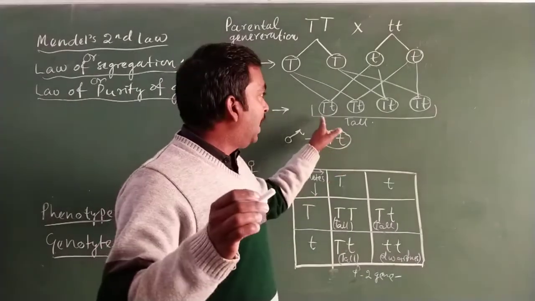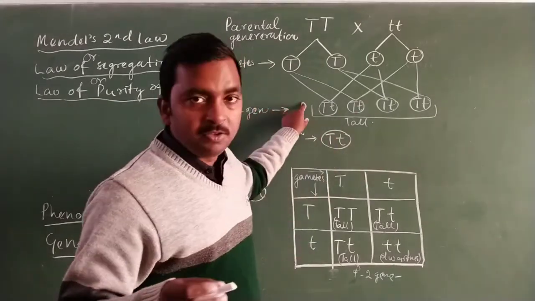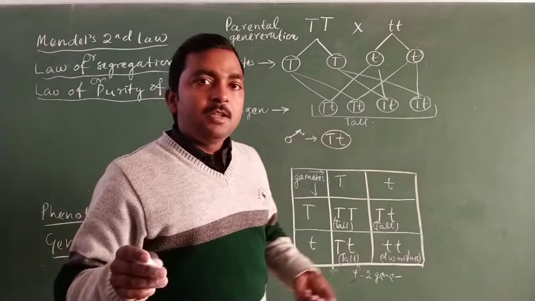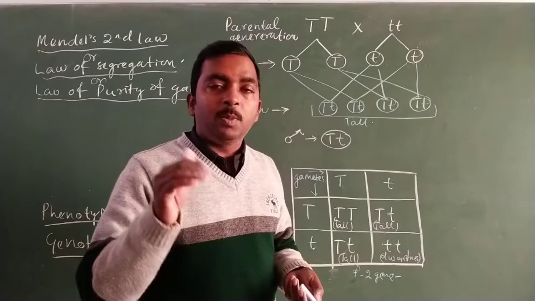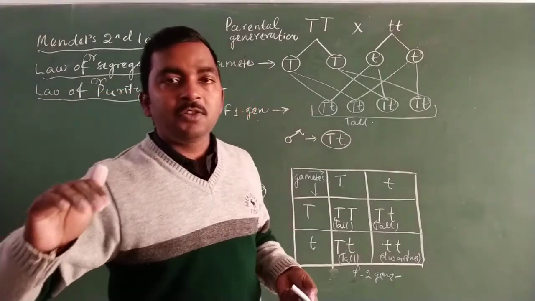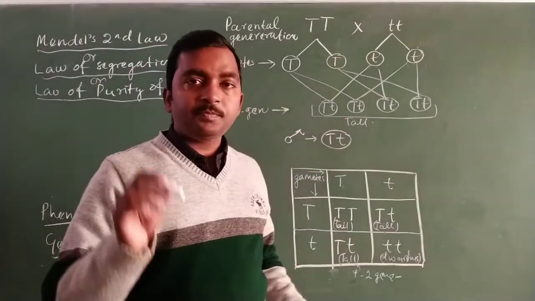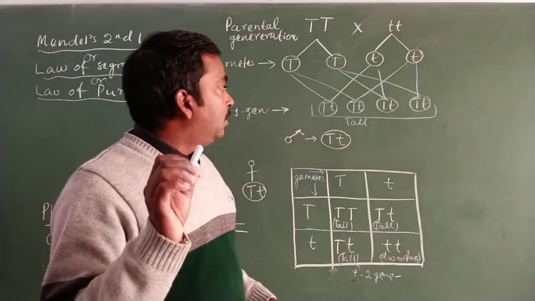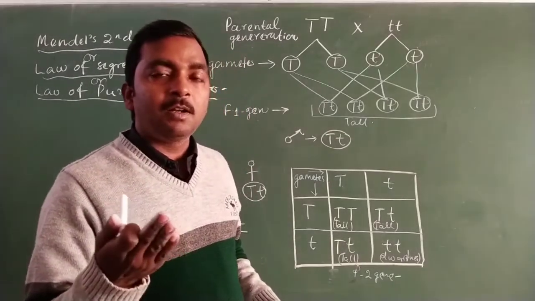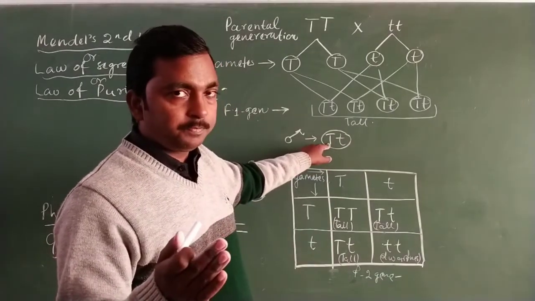So all the seeds formed in the F1 generation from the plants of the parental generation grow into plants with tall height only, not a single seed is able to produce a dwarf plant. It means that the trait of dwarfness becomes dominated by the trait of tallness.